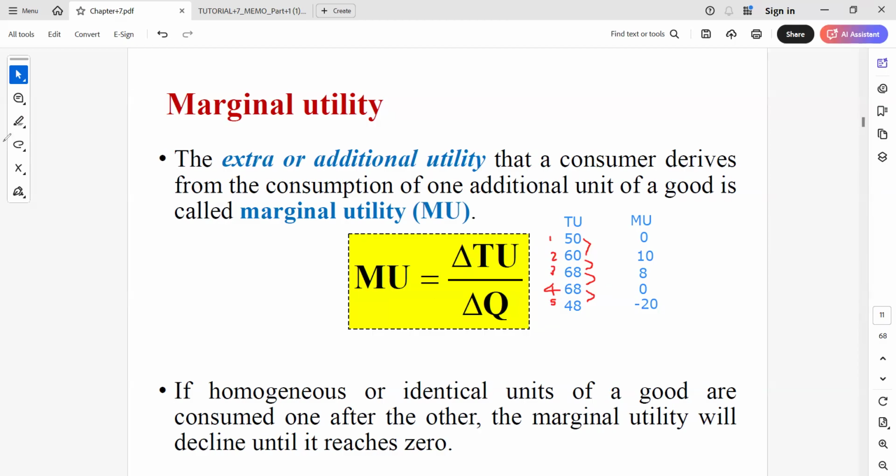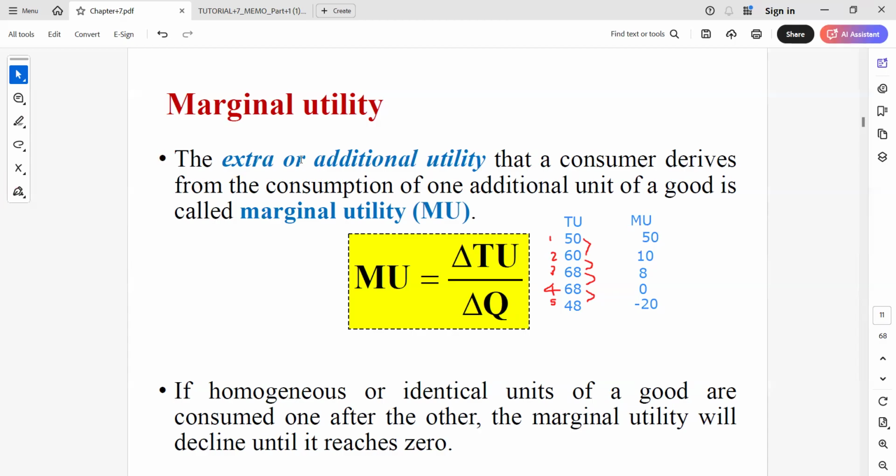So you can see now that when you consume the first unit, the total utility is 50, then the marginal utility should be 50 here. Why did I write that? Should actually be 50 because you say 50 minus 0. For the first unit, you just take the total utility as it is.